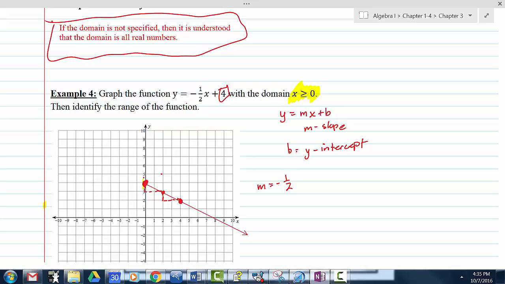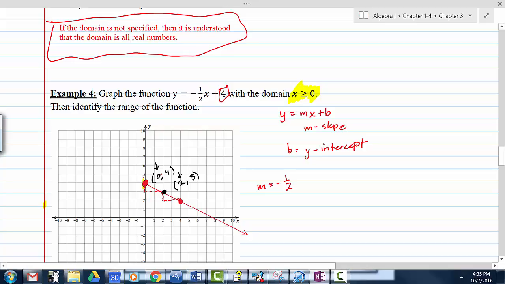Domain, notice that all the values of x for the line are greater than or equal to 0. Take for instance this point. That right there is (0, 4). This being the x coordinate. Is it greater than or equal to 0? Absolutely. Keep going down. This point right here, that is (2, 3).